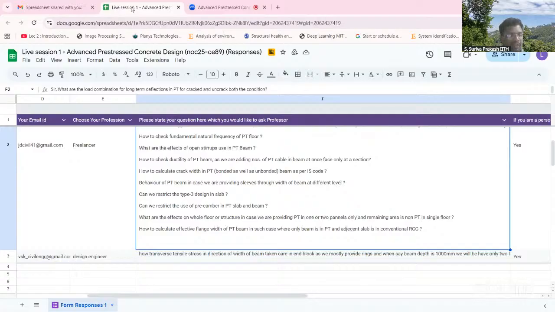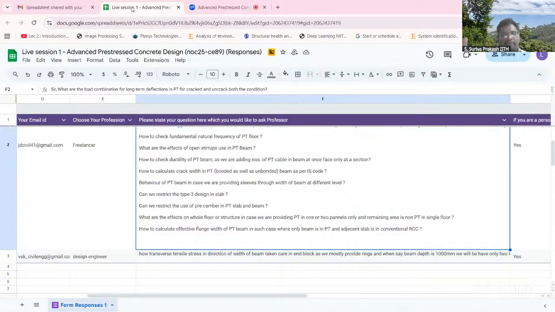Another aspect we also talked about: when you do post-tensioning, what is the effect of pre-stressing? What will happen if you apply a lot of force on a column? Then the column will also bend, subjecting it to additional moment. Depending upon the rigidity of the column, you will develop more moment.